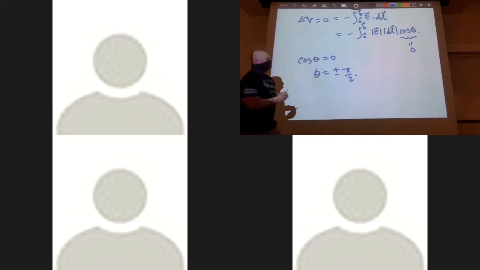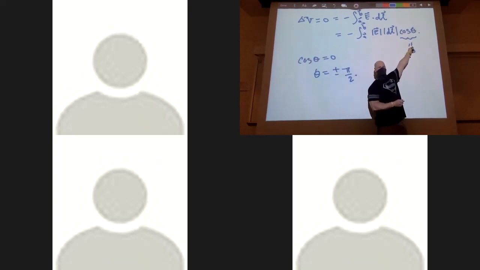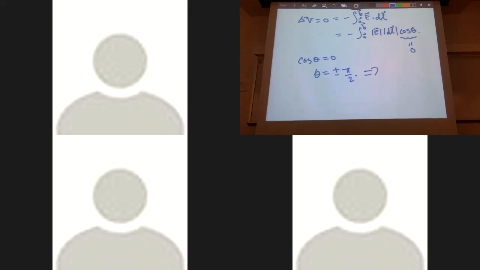That tells me that the electric field must be perpendicular to that equipotential surface. That's what this ultimately tells me. Not only that, this negative sign also tells me the direction of the electric field points from high potential to low potential.